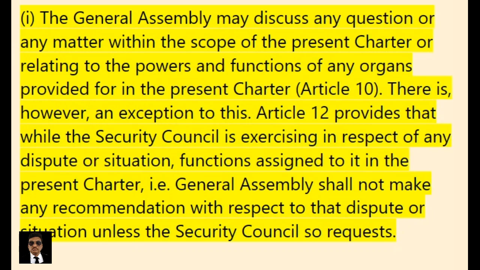Article 10. There is, however, an exception to this. Article 12 provides that while the Security Council is exercising in respect of any dispute or situation the functions assigned to it in the present Charter, the General Assembly shall not make any recommendation with respect to that dispute or situation unless the Security Council so requests.